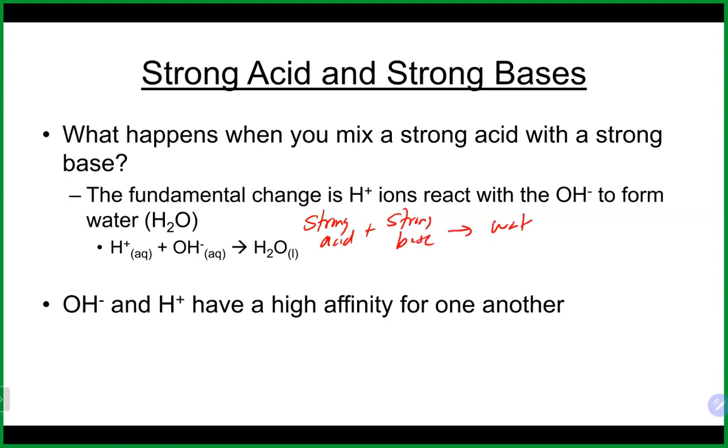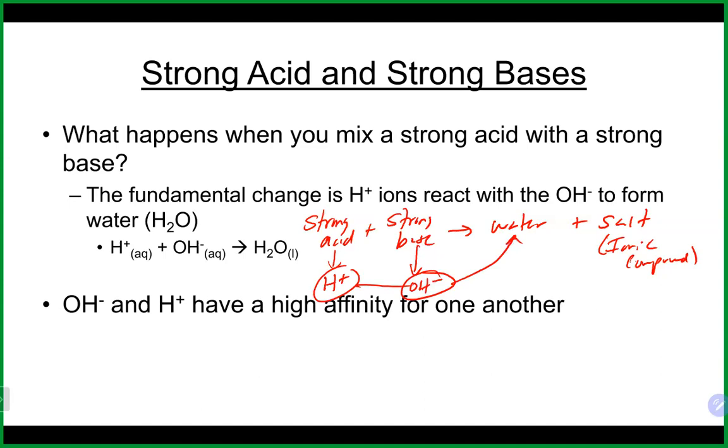You get water and you get what is referred to as a salt. A salt is an ionic compound. And basically the water comes from the H+ from the acid and the OH- from the base, which come together to make H2O and form water.